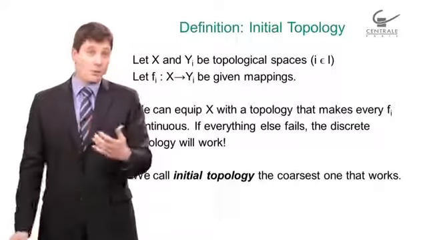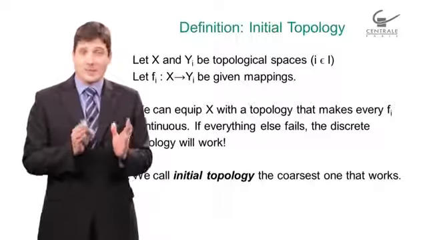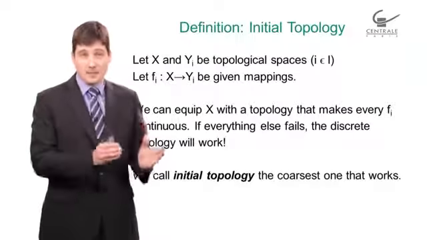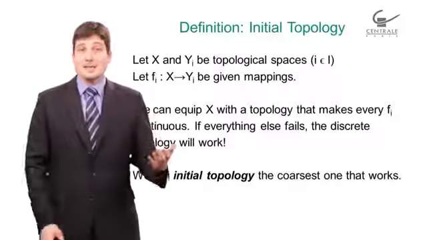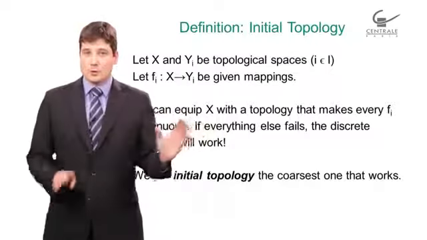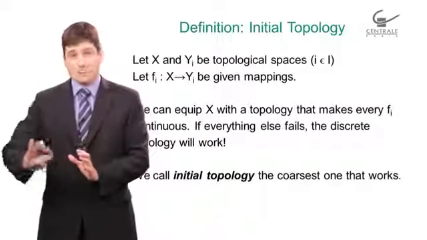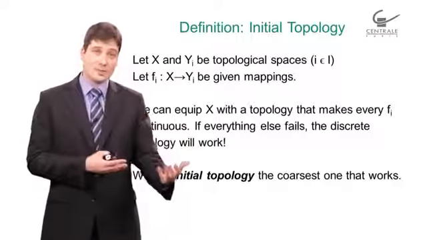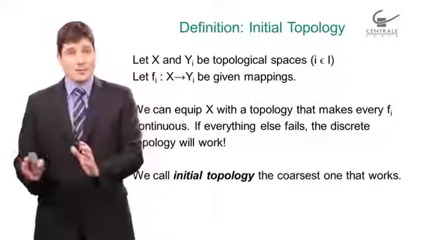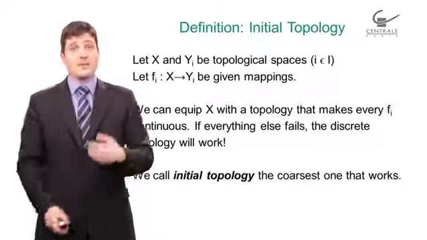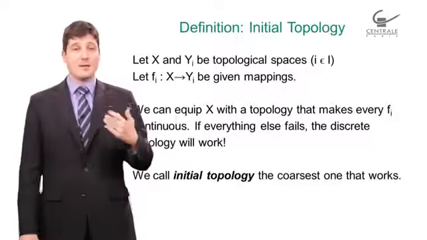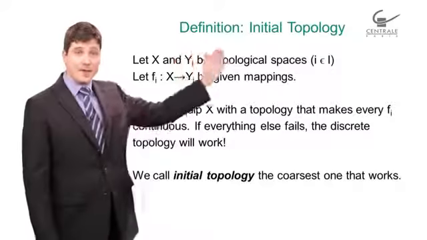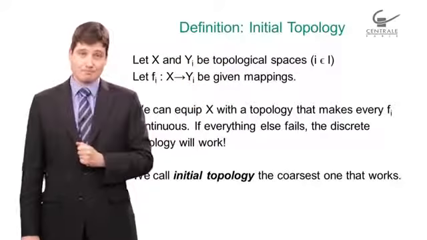The reason why I want fewer sets is because, as you know, if you have fewer open sets, then it will be easier for the sequences to converge. So you don't want too many open sets, which will make the functions Fi easy to be continuous, but difficult for the sequences to converge. So I will define the initial topology as the coarsest topology that will make all of these functions Fi continuous.